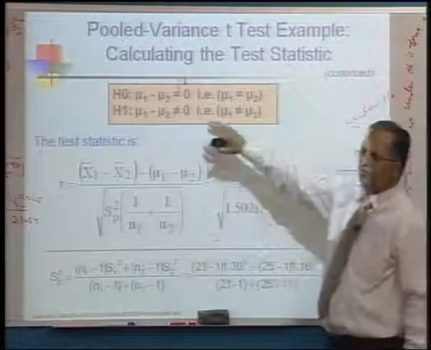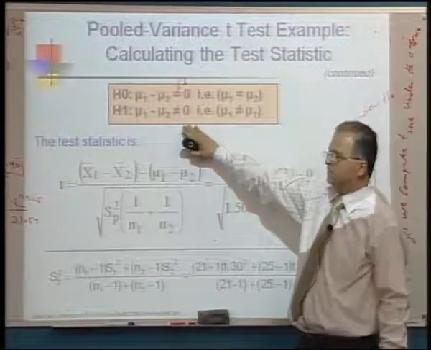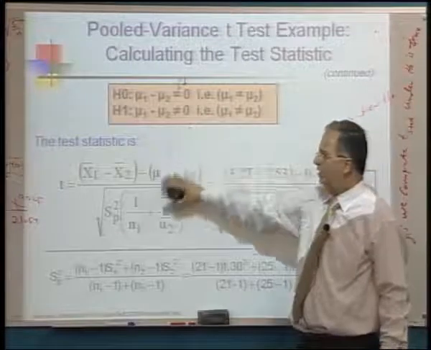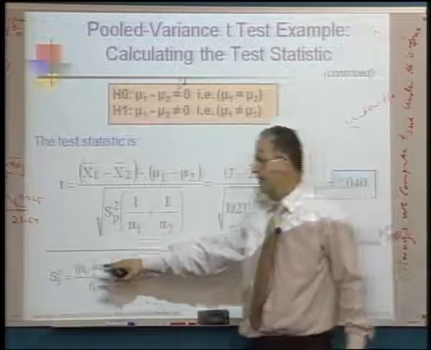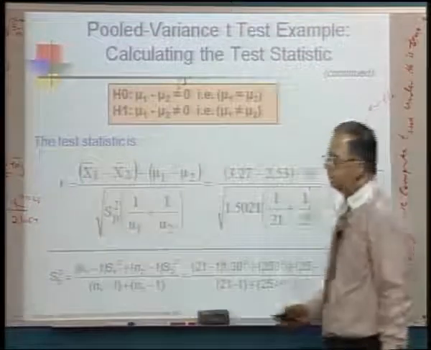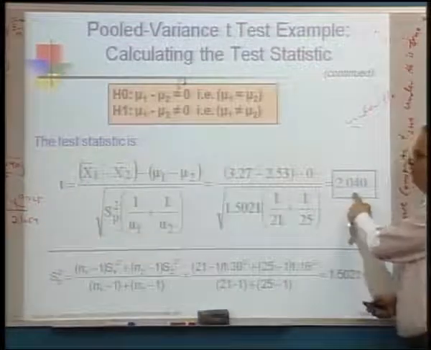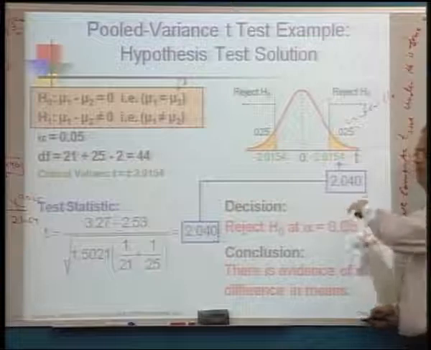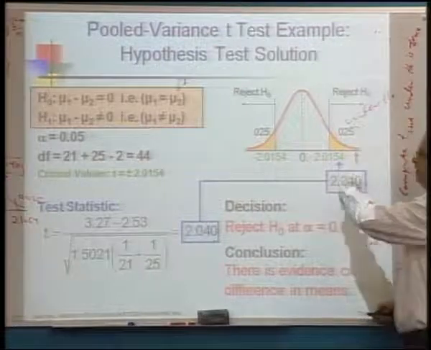So the null hypothesis is mu1 minus mu2 equals 0 against not 0. We have to compute the pooled variance first, then we can compute the value of the test statistic. The value is 2.04. As we mentioned, there are three approaches for doing this test.